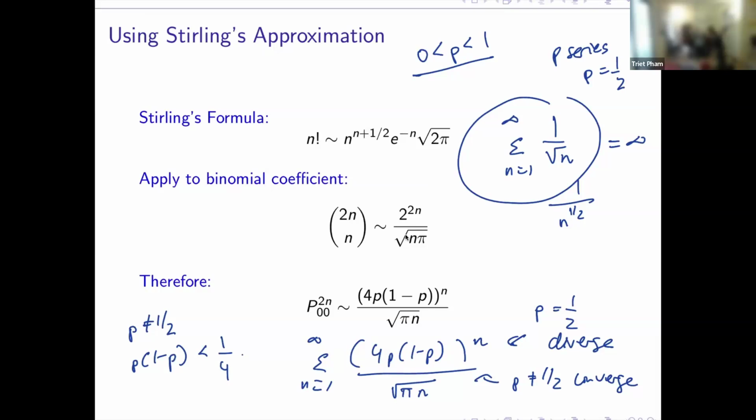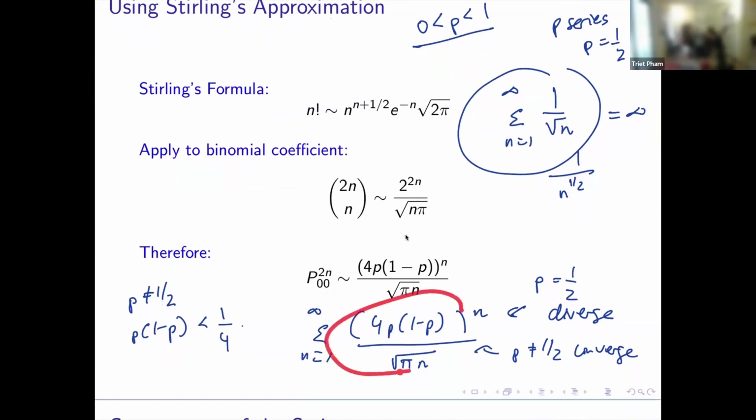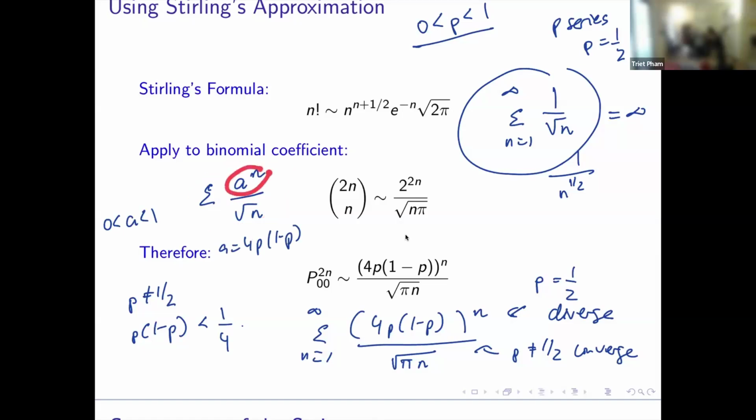So therefore, this entire series looks like a to the n over root n, where a is between 0 and 1. A is actually 4p(1 minus p). So this is like a geometric series being tempered by a root. Actually this is an exponential decay, and the exponential decay is much faster than the root blow up.